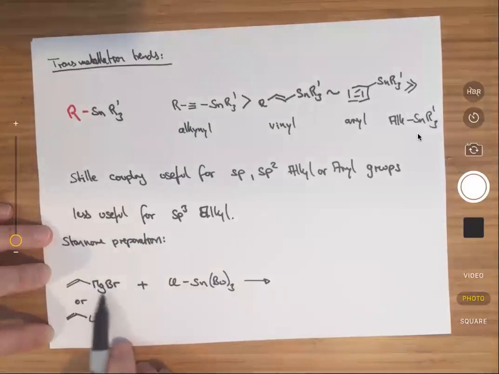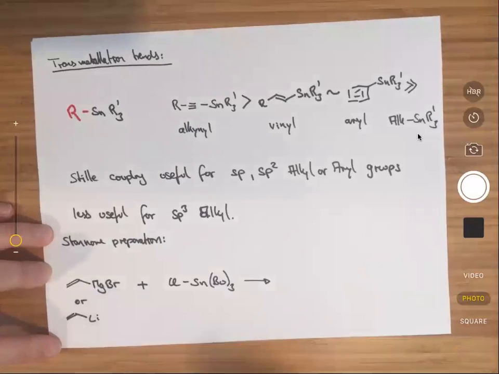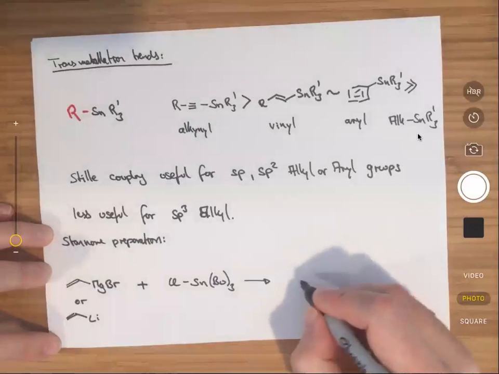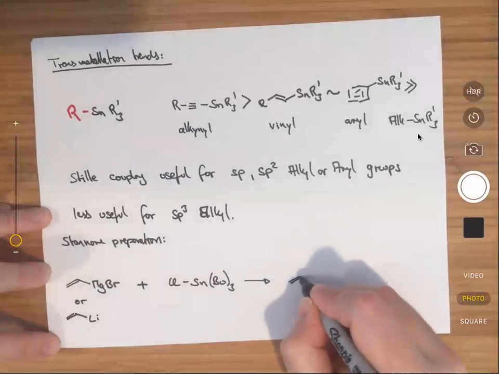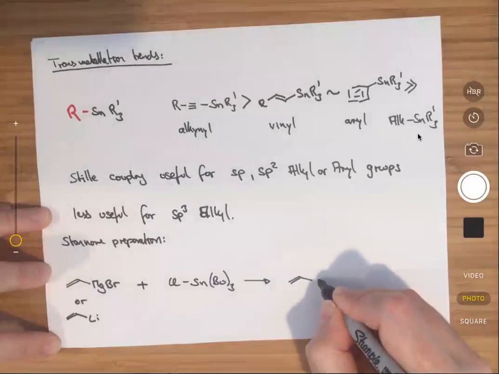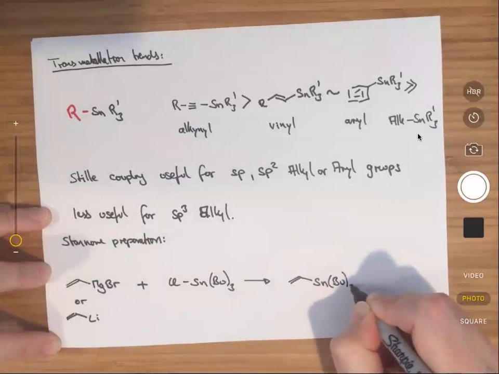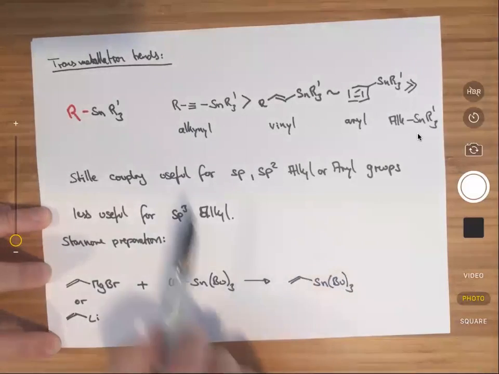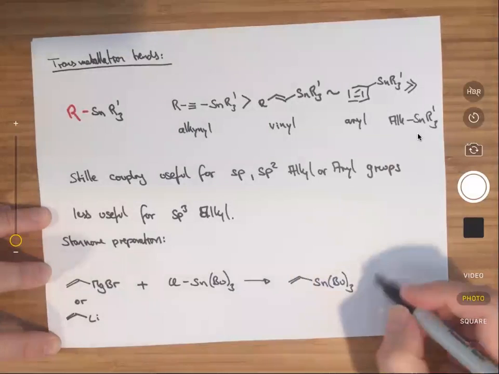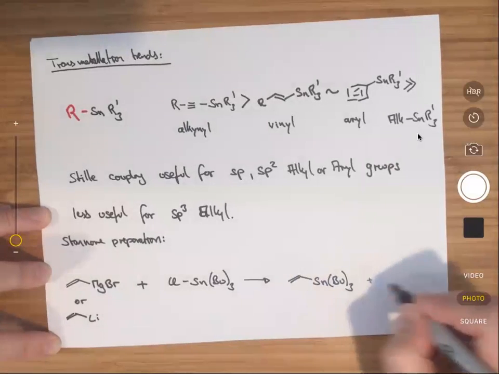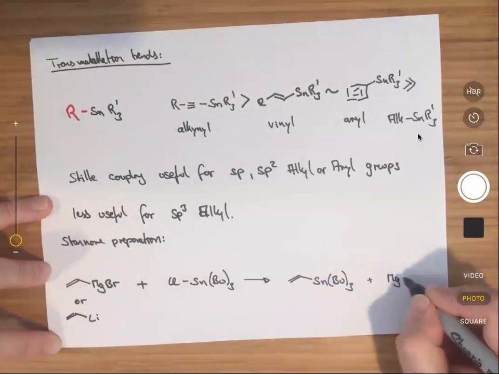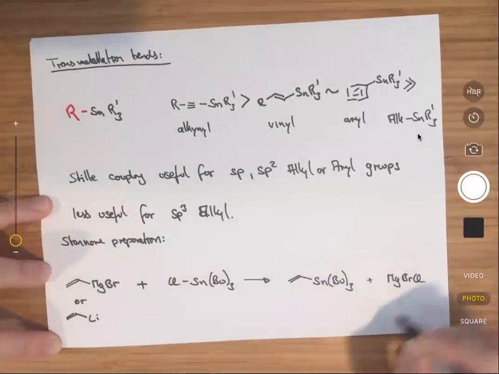You generate the mixed magnesium salt or lithium chloride as a side product, and you get your stannylated reagents. So SnButyl3. So this is basically your stannane, something like this up here. And then in this case, you get magnesium chloride.